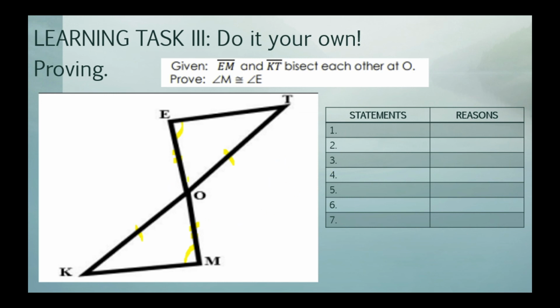Bibigyan ko kayo ng konting clue. Gagamit kayo dyan ng definition of segment bisector. Meron din kayo dyan vertical angles. So, kailangan ma-prove nyo na congruent si triangle TOE at si triangle KOM. Bigyan ko kayo ng hint, gagamit kayo dyan ng postulate na SAS. Okay?